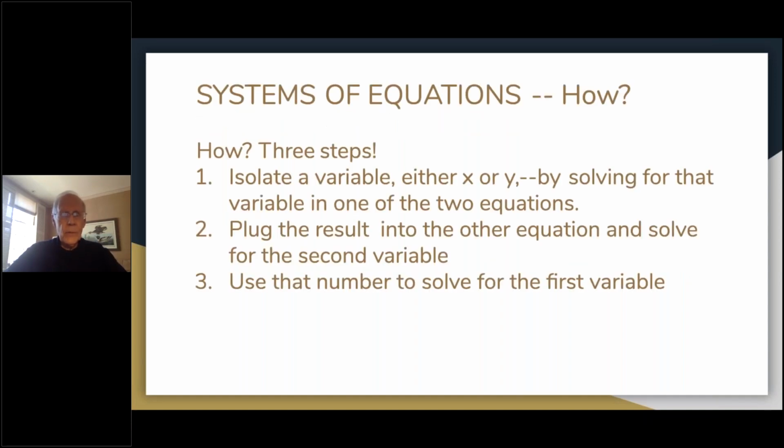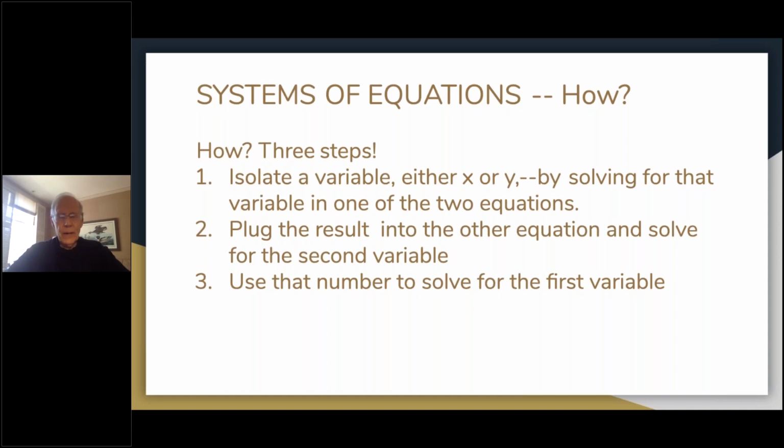And the way we do this is there are 3 steps. And this is something to remember. Always think 3 steps in solving variable equations. First, you want to isolate a variable. Now that would be either x or y. And you do that by solving for that variable in one of the 2 equations. Secondly, plug the result that you get into the other equation and solve for the second variable.